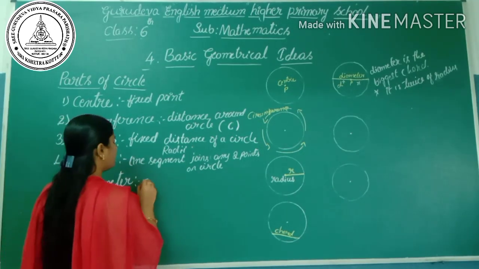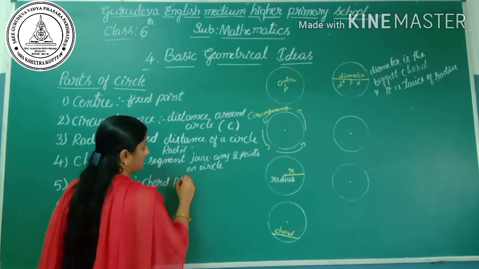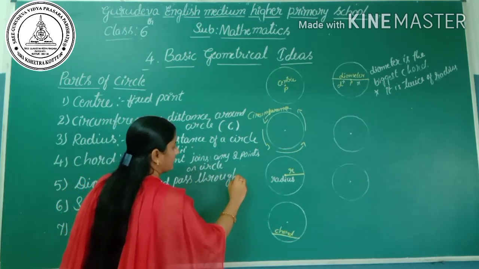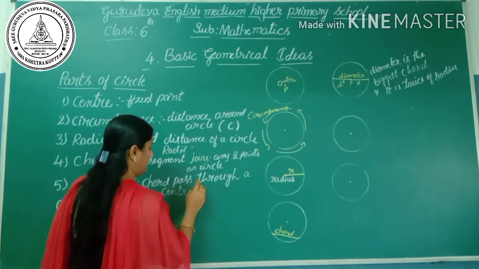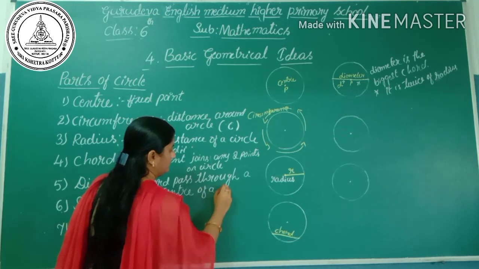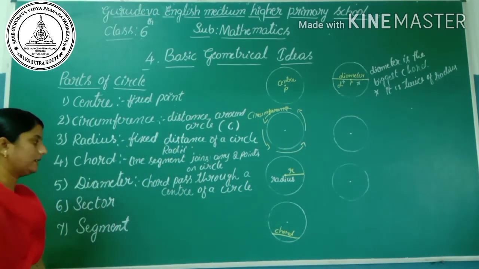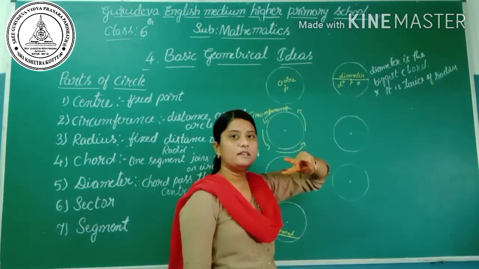A chord passing through the center of a circle is called the diameter.